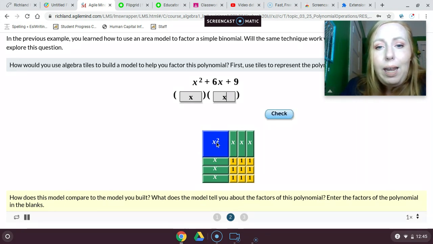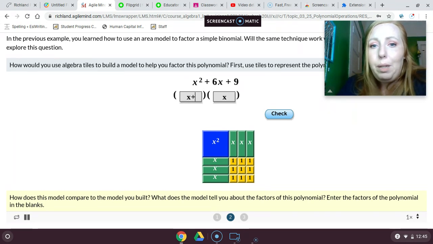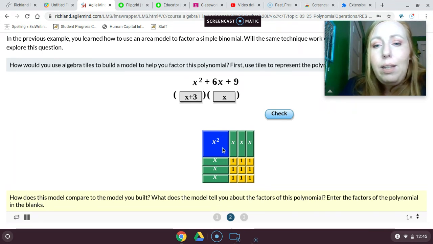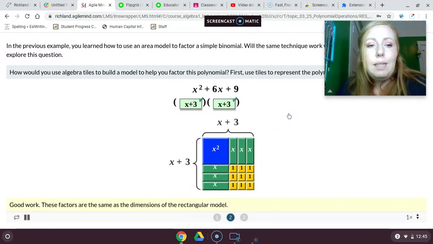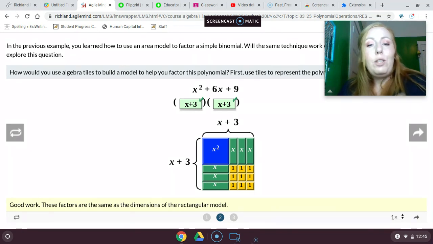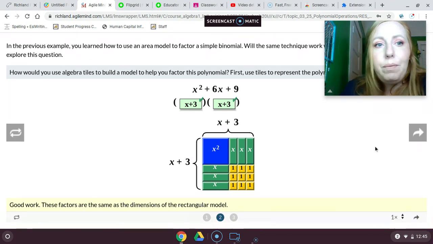And this one is x, and then it has 1, 2, 3 positive, so I'm going to do my plus 3. And this one has our x, and then we have our positive ones, so they're plus 3. We're going to check those. It says, great work, these factors are the same as the dimensions in our rectangular model.